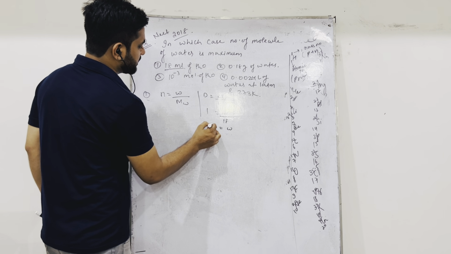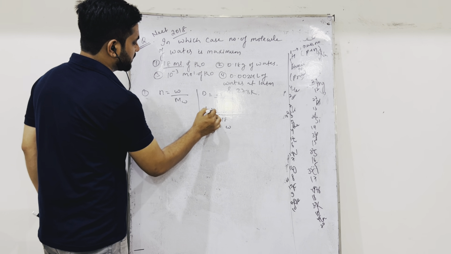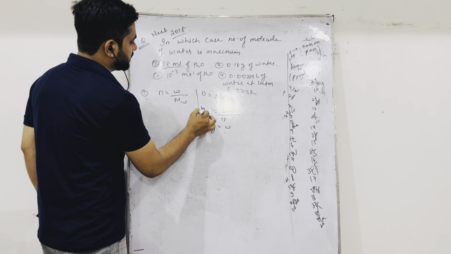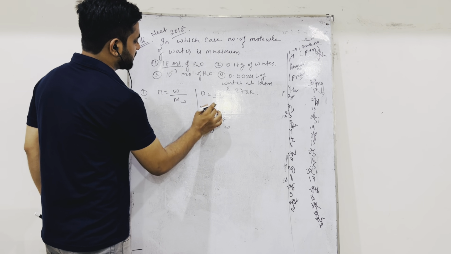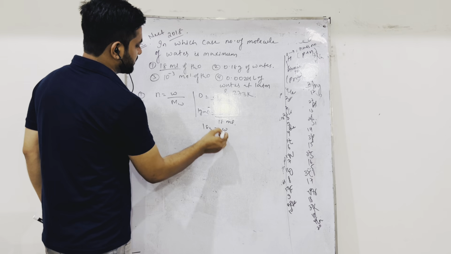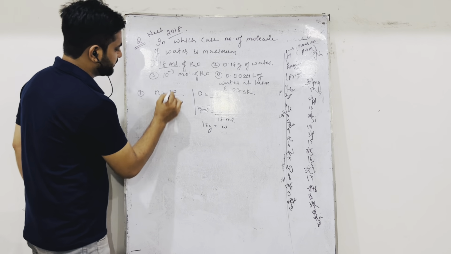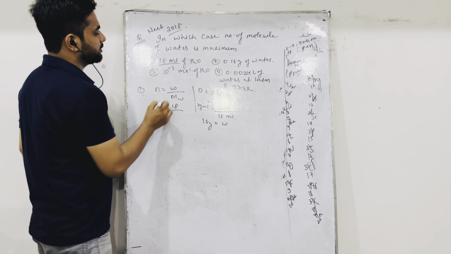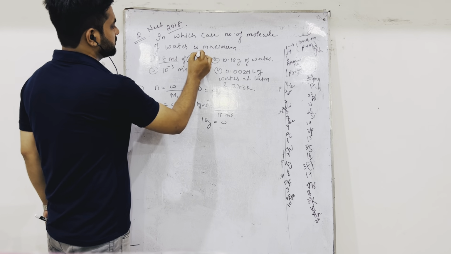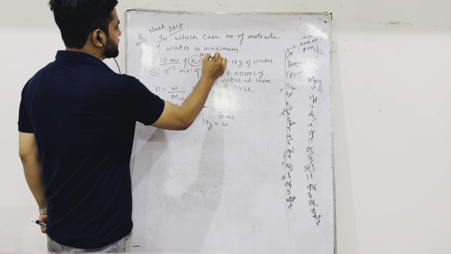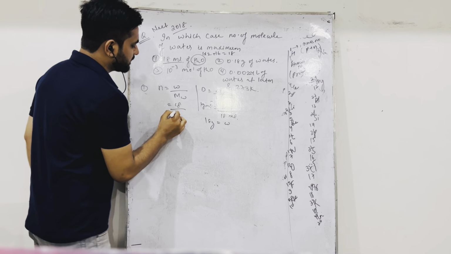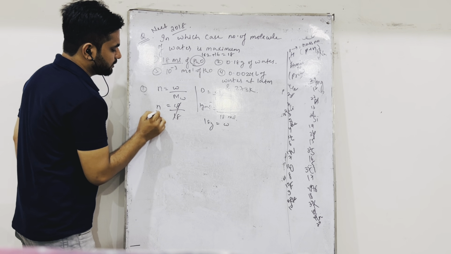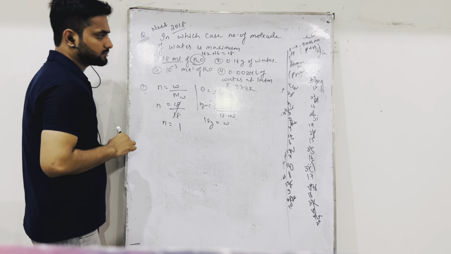So W is 18 gram. Here we have 18 divided by the molecular mass. What is the molecular mass of H2O? 1 into 2 plus 16, that is 18. After dividing this, we will get N is equal to 1.